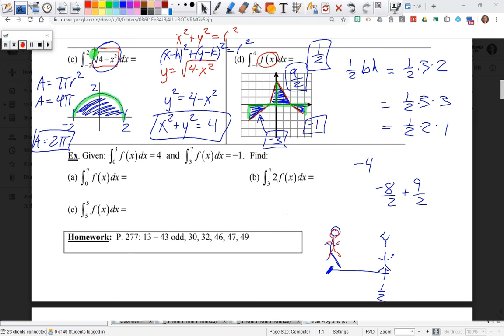So for this first interval, I moved back 3. I moved up 4.5. And then I moved back 1. So that resulted in a displacement of 1/2. Cool? No one liked my animation. No one smiled. I was going to give you bonus points. But anyway, let's go ahead and move on.